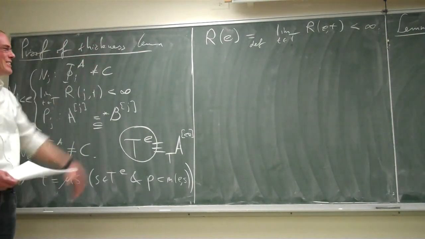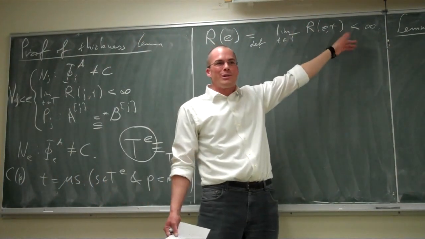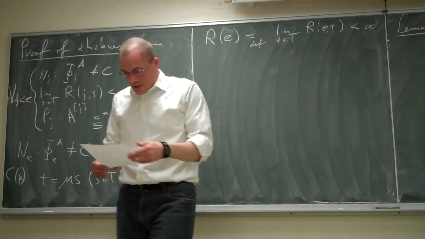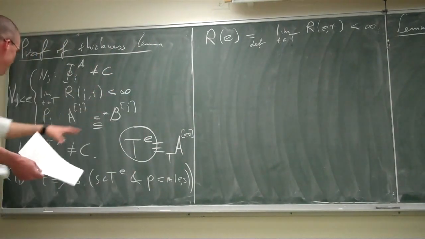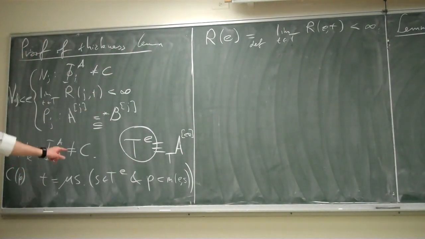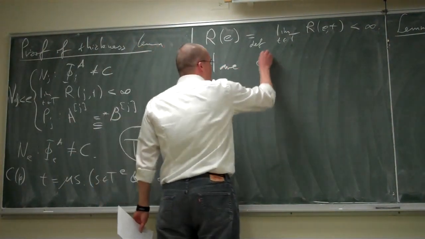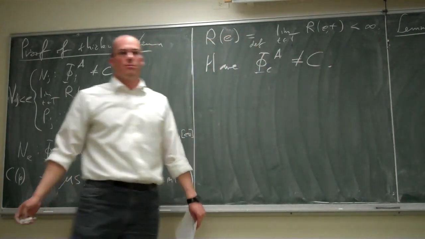Anyway, so we all agree with this, right? I can define this. The only worry is whether it goes off to infinity or not. Okay, but we do things in the right order. We first show that they're different. So now we get to assume we already have that phi_e of A is not equal to C, right?